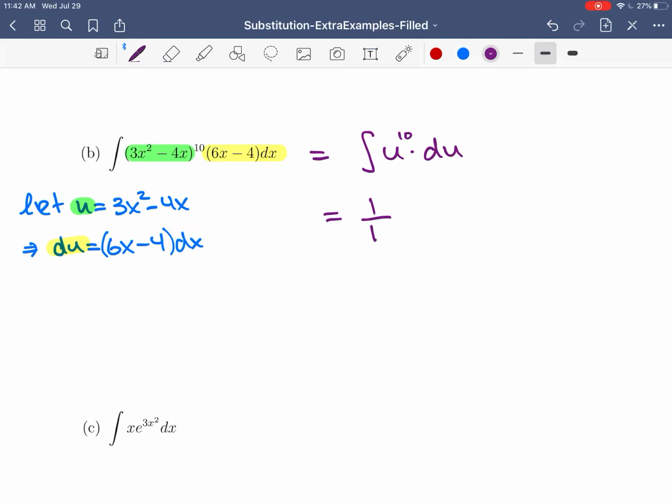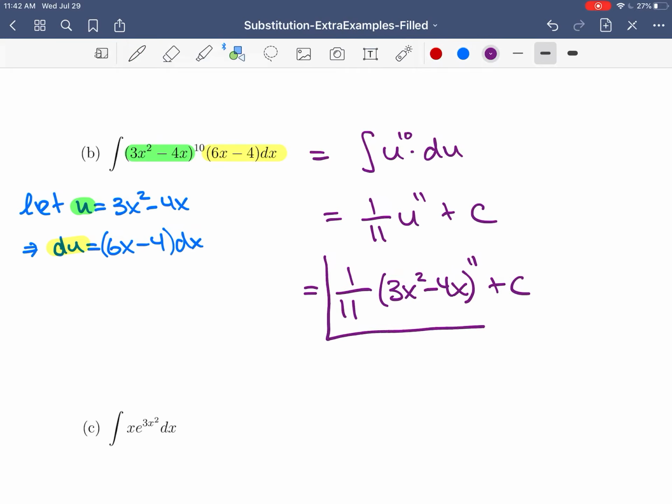So that's 1 over 11 u to the 11 plus my constant of integration, plus my c. And now I switch back to x's. So this is 1 over 11, 3x squared minus 4x to the power 11 plus c. And again, if you take the derivative of this, you should get the integrand that we started with.